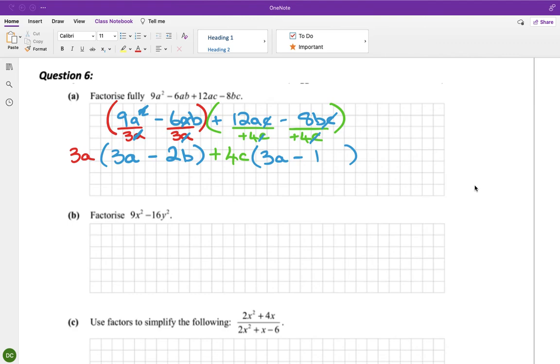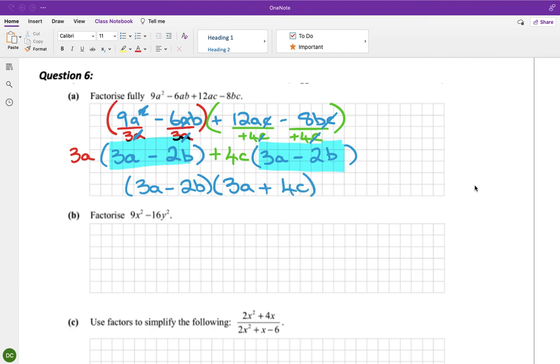Okay, sorry, I'll try that again. So 8 divided by 4 was 2, and the b. Okay. Right, so brackets match. So I write down my matching brackets, and I write down my highest common factors.